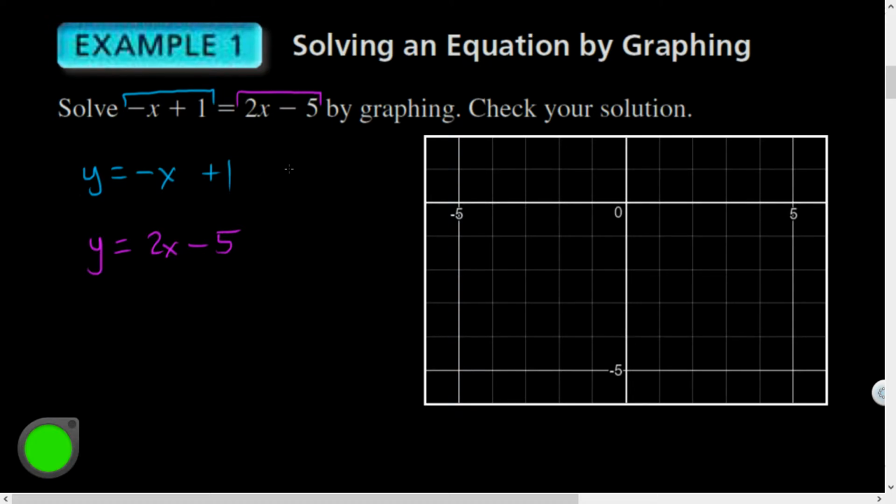So let's see, what's the slope of the blue line? Negative, just the coefficient, -1. What's the slope of the purple line? Just the 2. What's the y-intercept of the blue line? Yep, and y-intercept of the purple? Yeah. Let's actually have you guys graph this, because I already showed you one kind of like it. Let's have you graph it and find the intersection. I'll be around to help.